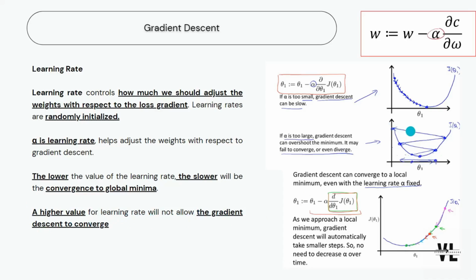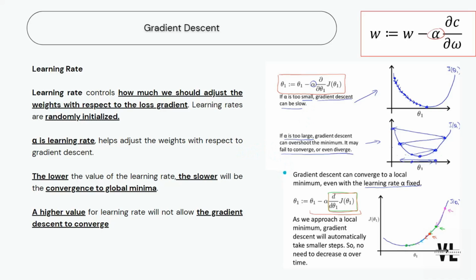So it may overshoot sometimes and even miss the global minimum, and it may diverge, so it bounces on and off from different points and overshoots the minimum. So we don't want alpha to be too small or too large, so we need a value for alpha that is between 0 and 1 most of the time.